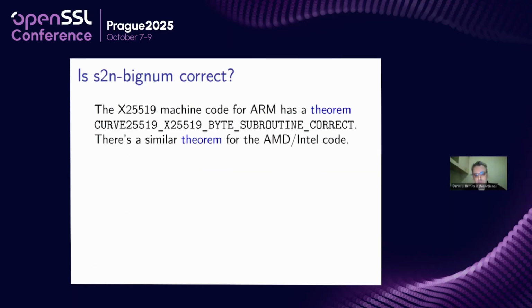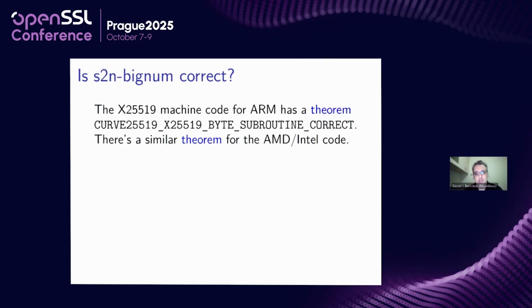Now, this is something where every API function in S2N Big Num has a theorem which says that the function works correctly. So, for instance, for the x25519 Diffie-Hellman function, there's a theorem called whatever subroutine correct, which says this machine code on ARM works correctly. And there's another theorem like that for the AMD Intel code.